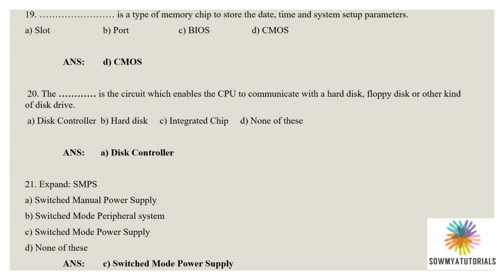It converts AC power from an electrical outlet to the DC power needed by the system components. It is a metal box at the rear of the system that is attached to the computer and to the system board. The expansion of SMPS is switched mode power supply.